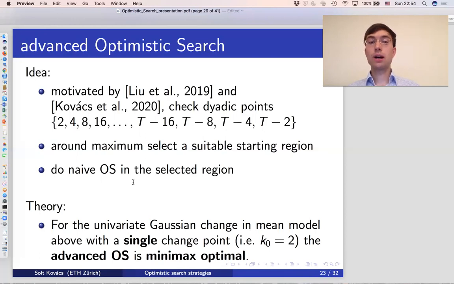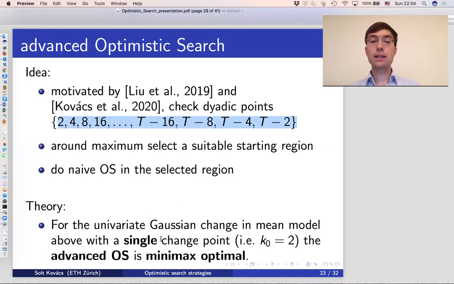So this is quite surprising, because what one has to note is that this set has cardinality that is also logarithmic. So in total, also this advanced search has a logarithmic number of fits and steps.